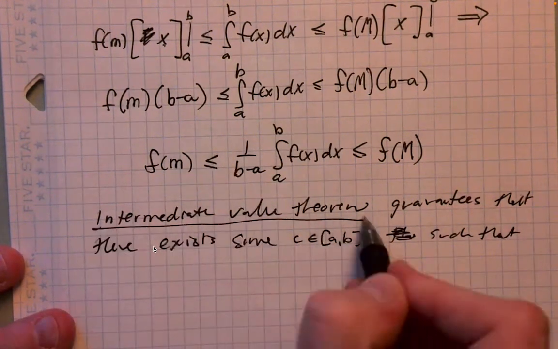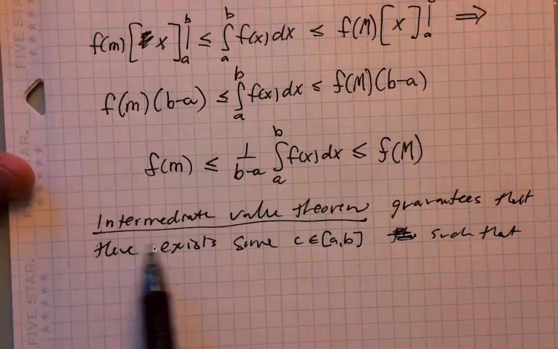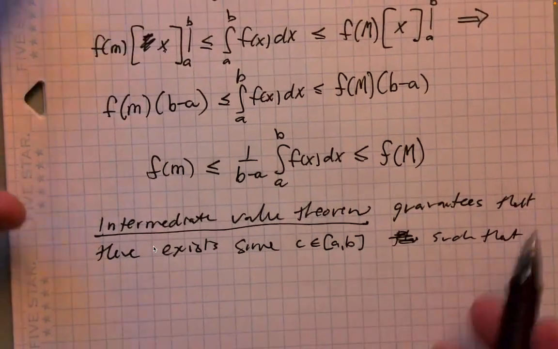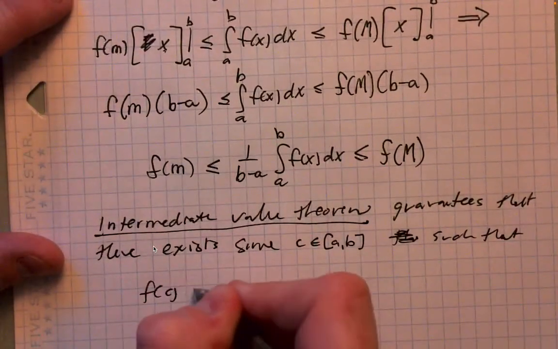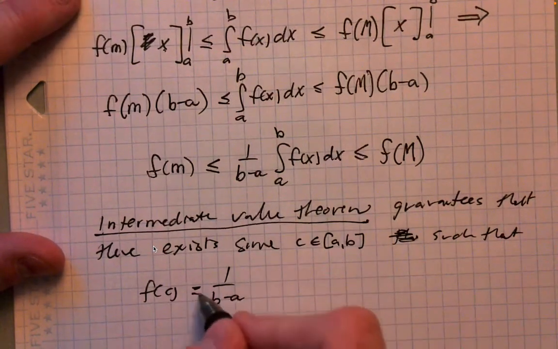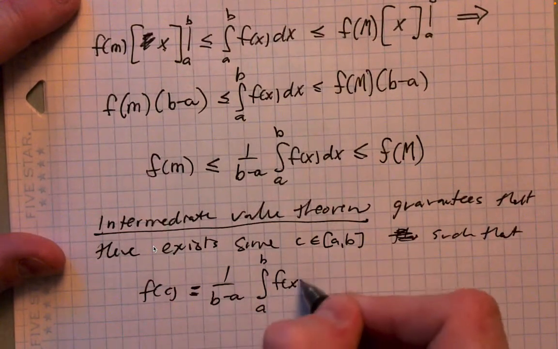So again, intermediate value theorem. Got to go back and check what that is. Intermediate value theorem says that there's going to be some c in AB such that f of c is equal to 1 over b minus a times the integral from a to b f of x dx.